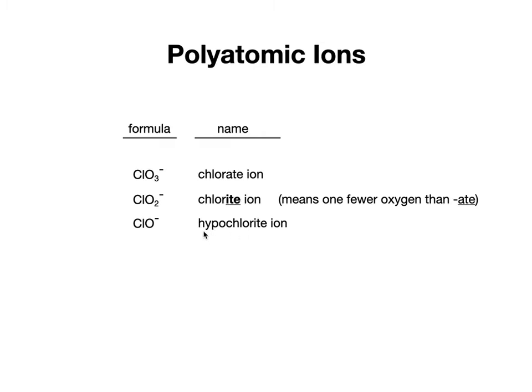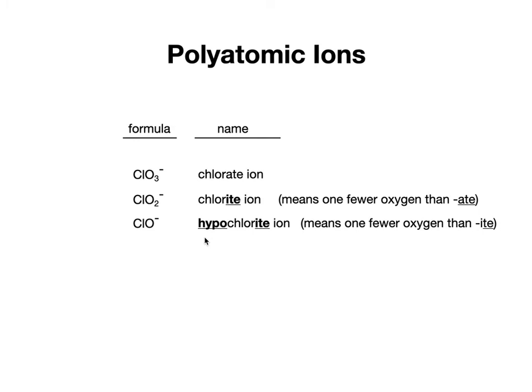What does hypo mean? Hypo means low, or lower. So anytime you see hypo and then ite, that means one fewer oxygen than the ite. So we got chlorate, chlorite, hypochlorite.